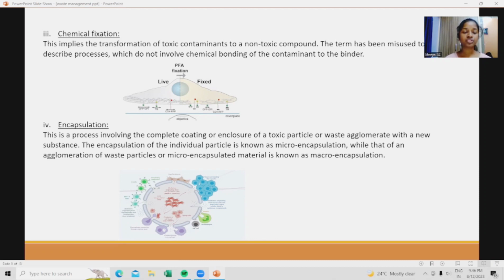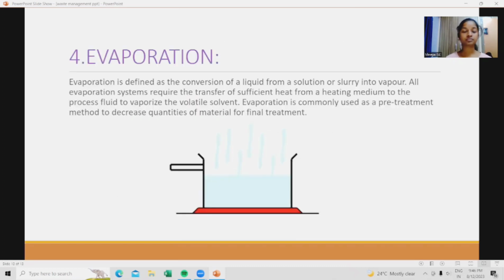This is a process involving the complete coating or enclosure of a toxic particle or waste agglomerate with a new substance. The encapsulation of the individual particle is known as microencapsulation, while that of an agglomeration of waste particles or microencapsulated material is known as macroencapsulation.